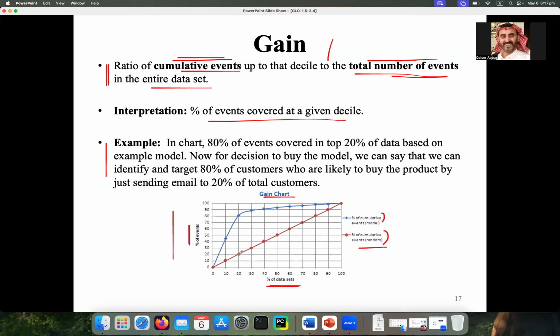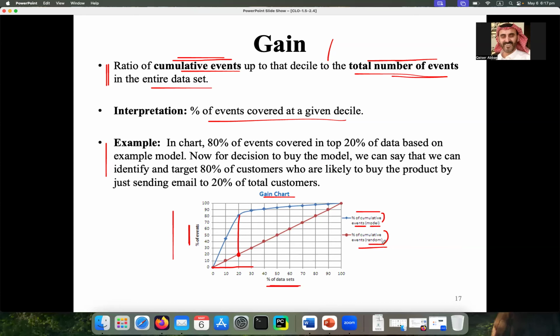Here we are seeing that we have covered 10% of the data set, 20% of the data set, 30% of the data set. And when the data set is 20%, the blue line is the percentage of cumulative events that was seen by the model.